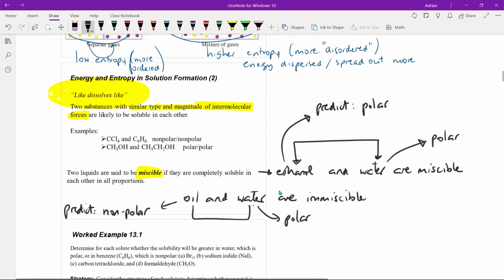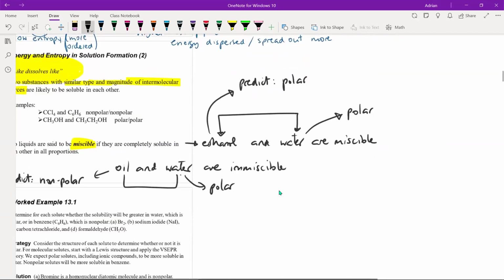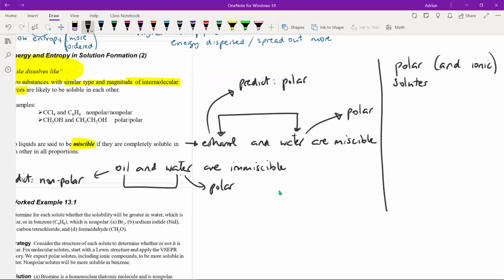Another thing that we'll see is that not only do polar solutes dissolve in polar solvents, we can say polar and ionic, as we saw back in the previous sections. These dissolve in polar solvents.